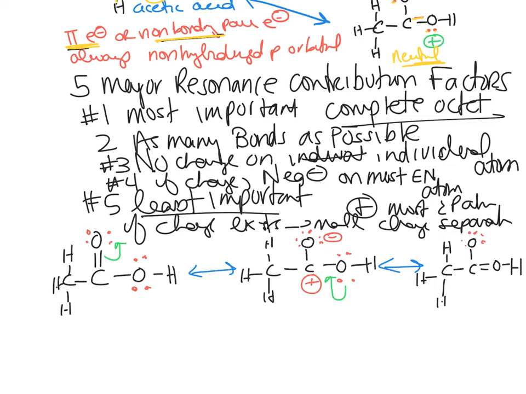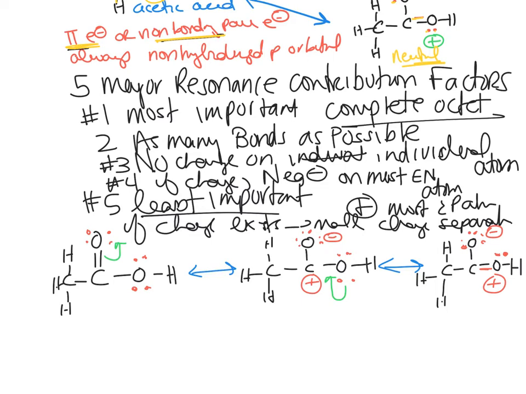We draw our lone pairs here on the oxygen, which makes it a negative, and this lone pair has now become that one. Then oxygen has 3 bonds, 1 lone pair, so that makes it a positive.